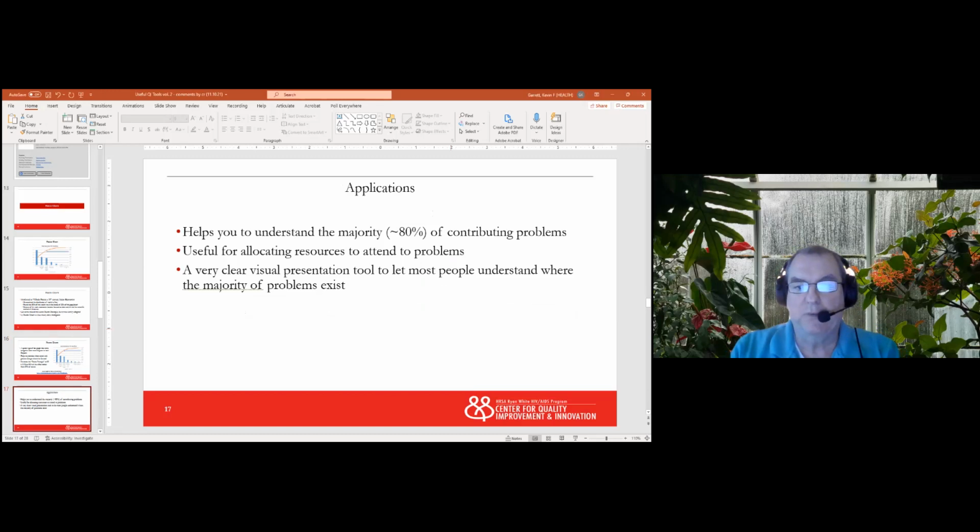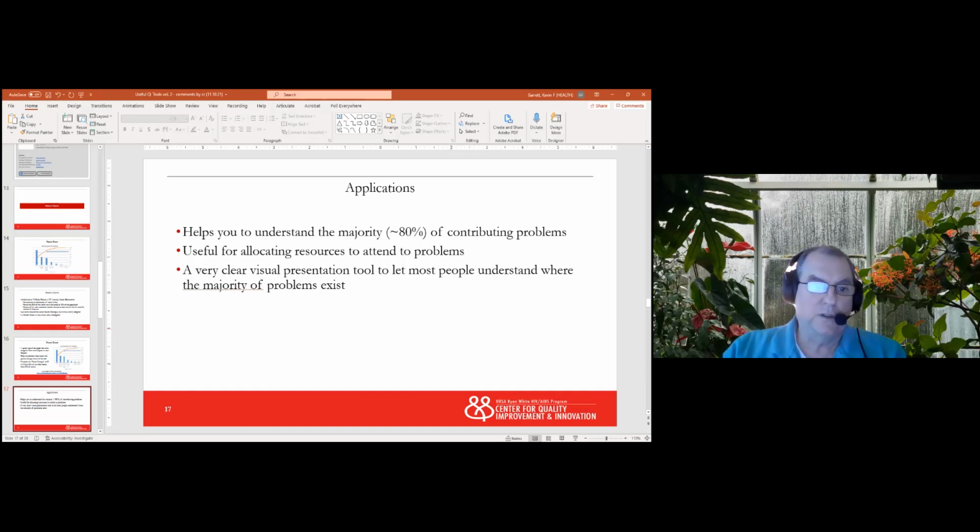If you break this up the right way in a bar chart, you can really see what you can go after and what you can address. And yes, you can then allocate resources to try and address the problem. For instance, getting somebody to put the information in the correct position in the medical chart.